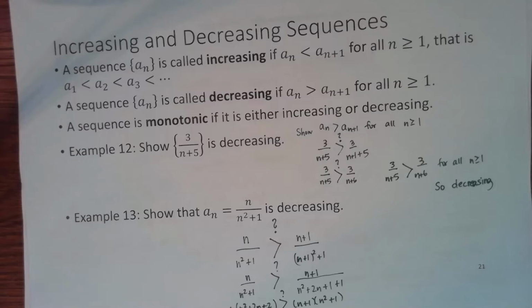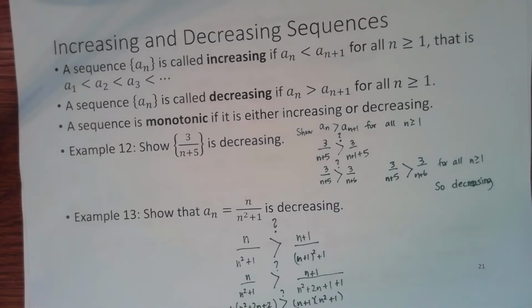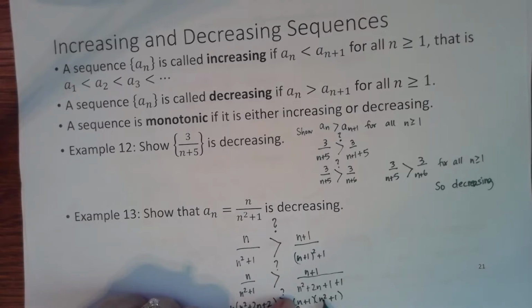When I multiply this one out, I get n cubed plus 2n squared plus 2n. I want to know if that's bigger than, here I'm going to get n cubed and then plus n squared. That takes care of this one with both of these, and I need to do the 1 with both of these, so plus n plus 1.